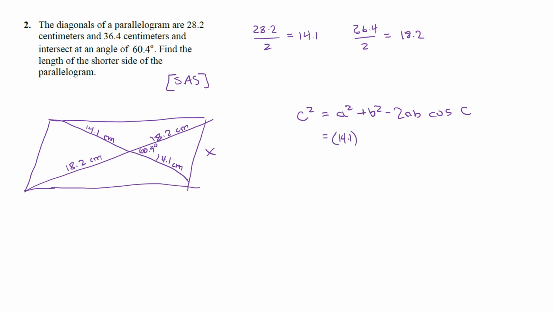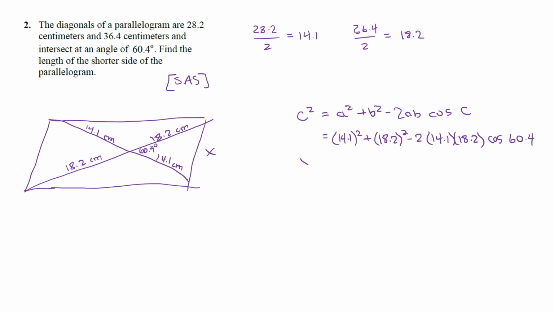So that's 14.1 squared plus 18.2 squared minus 2 times 14.1 times 18.2 cosine of 60.4 degrees.